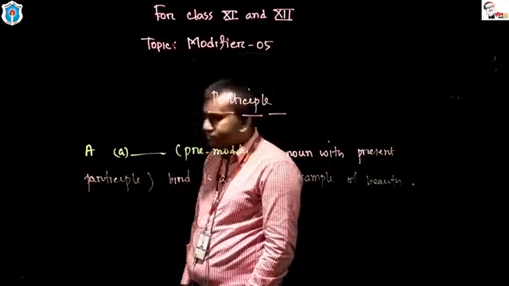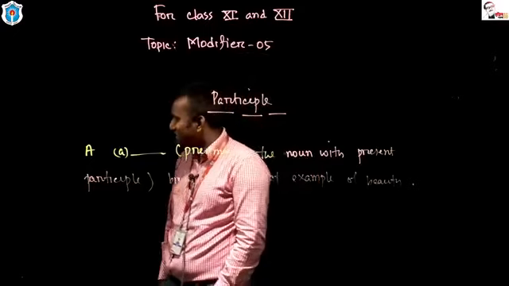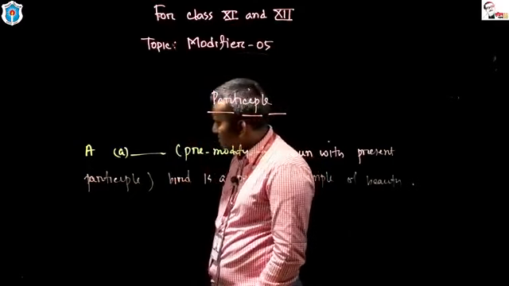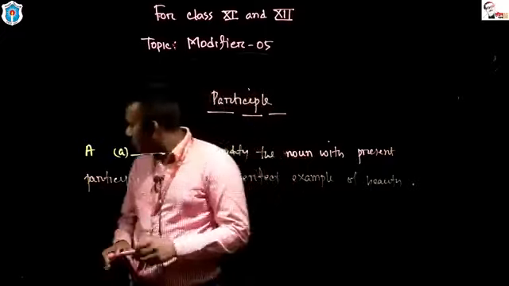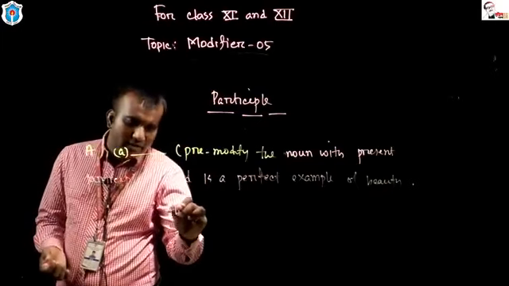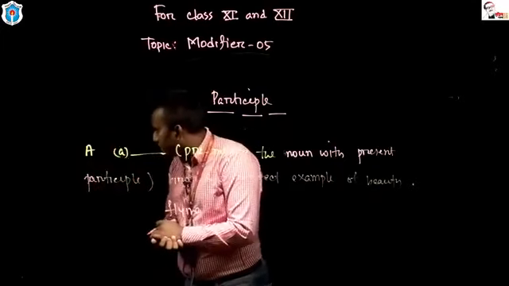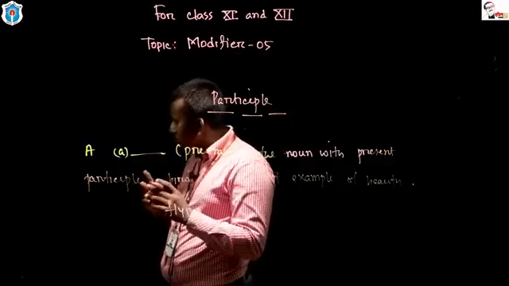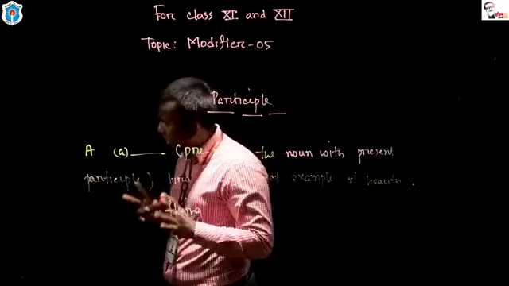Good, very good. What should be the answer? Dear students, have you not got any answer? A dash bird. If I say a flying bird, can I say a flying bird? I will make you clear about the difference between participle and gerund and everything, but not today.